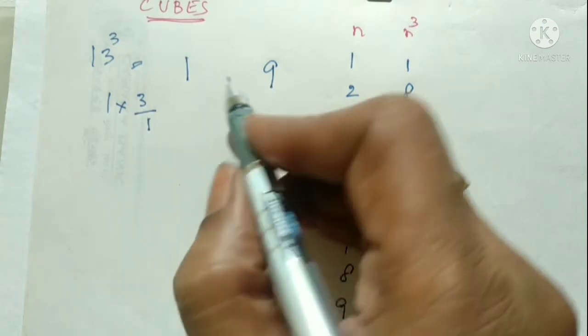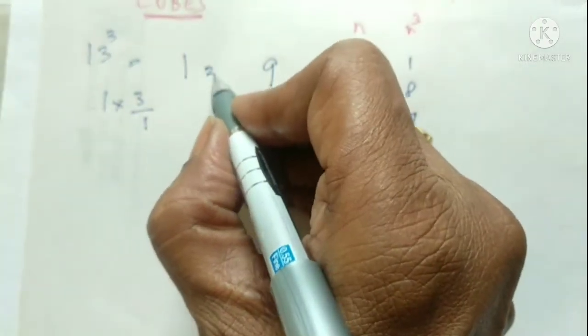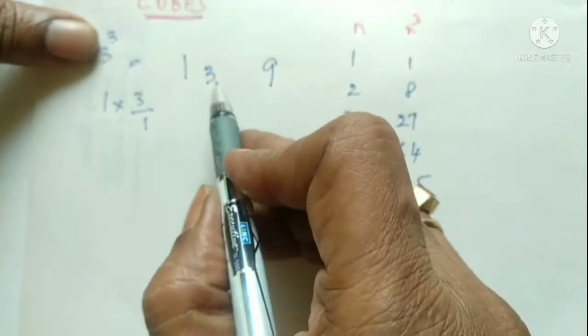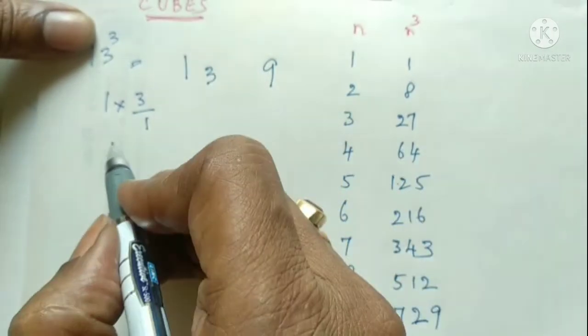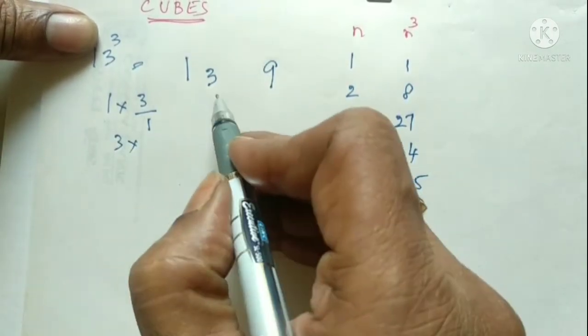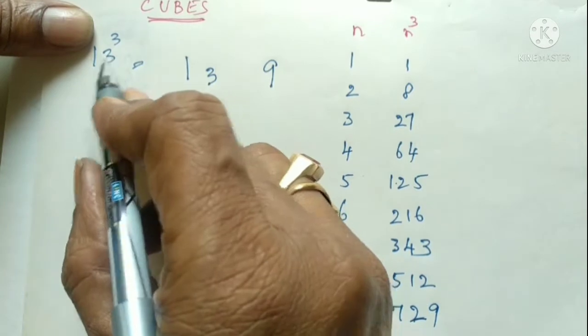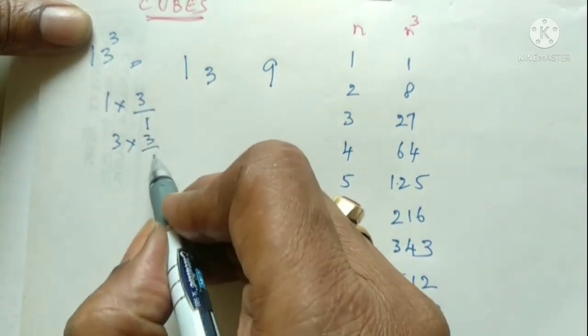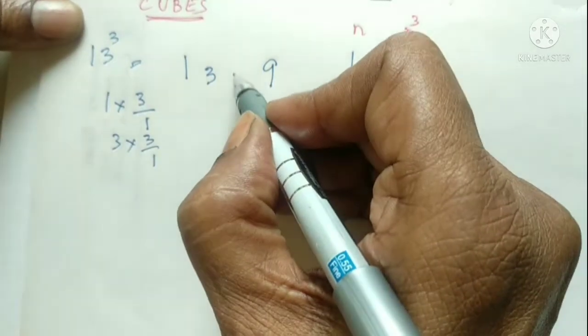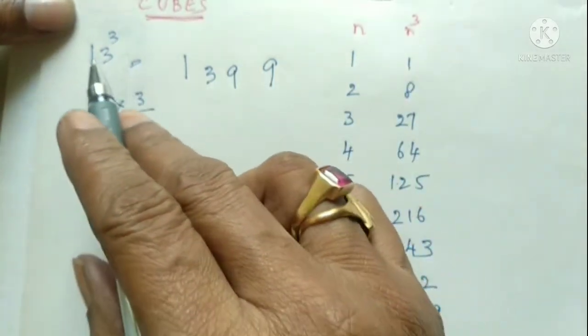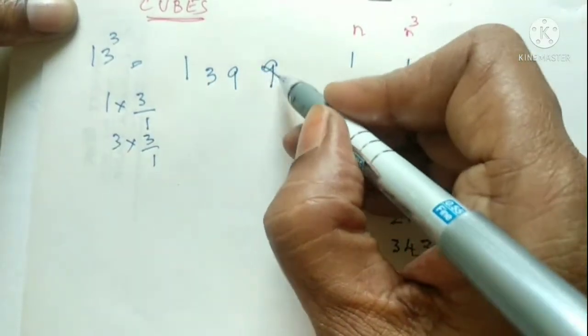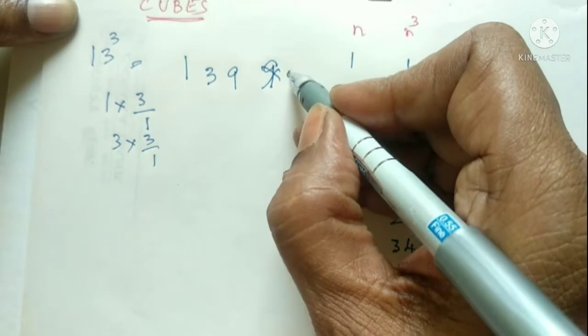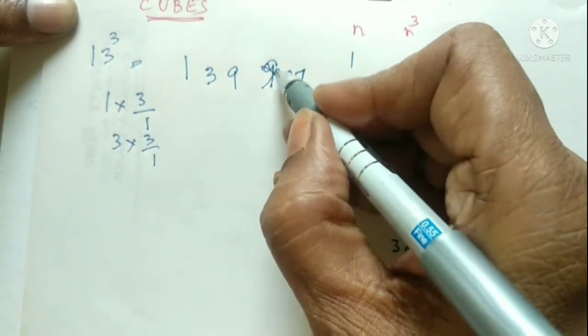Okay, this is 1 times 3 is 3. Again, this number is multiplied, same rule, 3 multiplied by 3 by 1. 3 times 3 is 9. Now, 3 cube is 27.